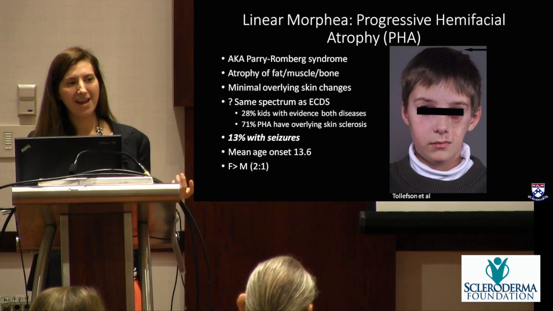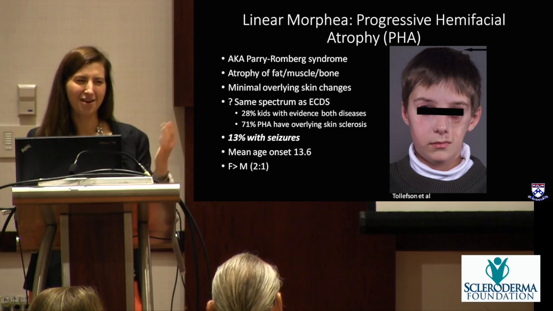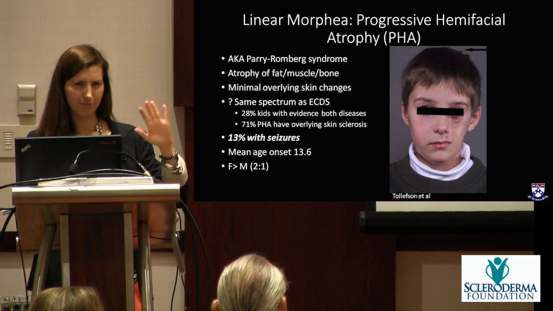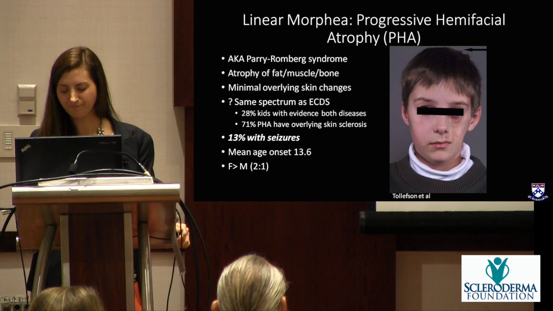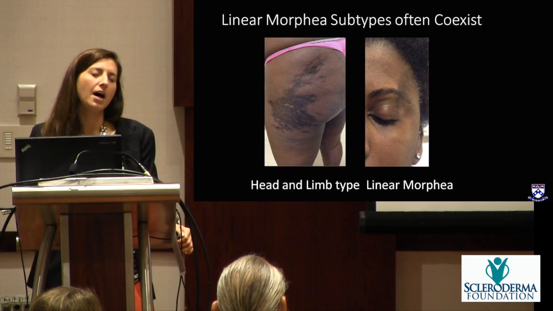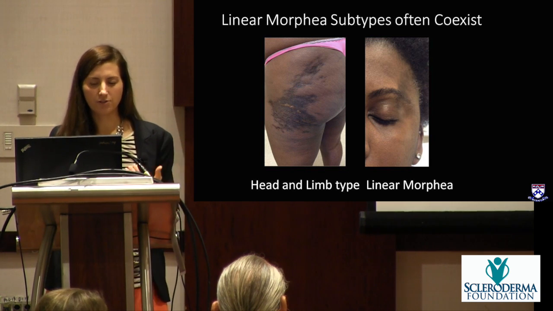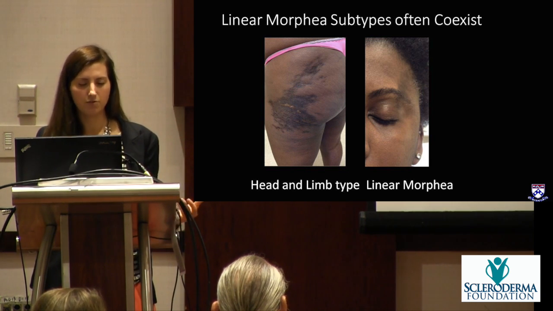And 71% of patients, when reviewed by a dermatologist, were found to really have some overlying skin sclerosis, meaning some superficial involvement as well. Why is it important to actually screen patients for this? Because you can prevent asymmetry and facial cosmetic disruption.